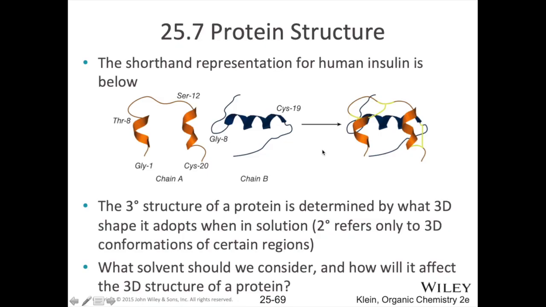Now, the third level of structure, the tertiary structure, comes about from the way that your strand folds. What determines this is the side groups on your amino acids. They interact with each other, and that's what causes the protein to fold in on itself, or connect to other strands of protein.